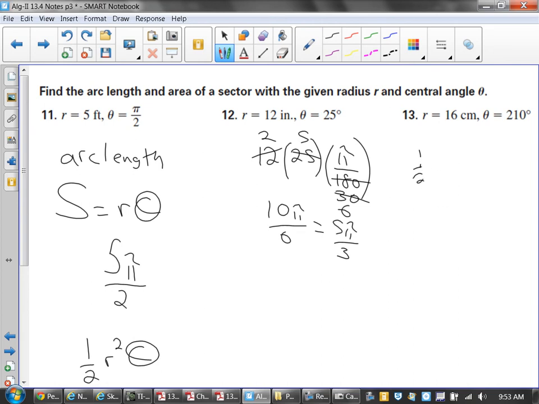1/2 of 16 squared times 210 pi over 180. Again, as you simplify that stuff through, 16 squared is 256. Half of that is 128.